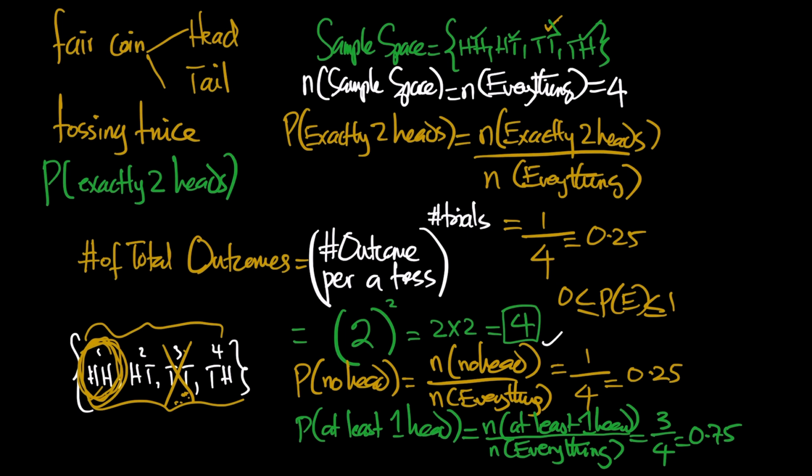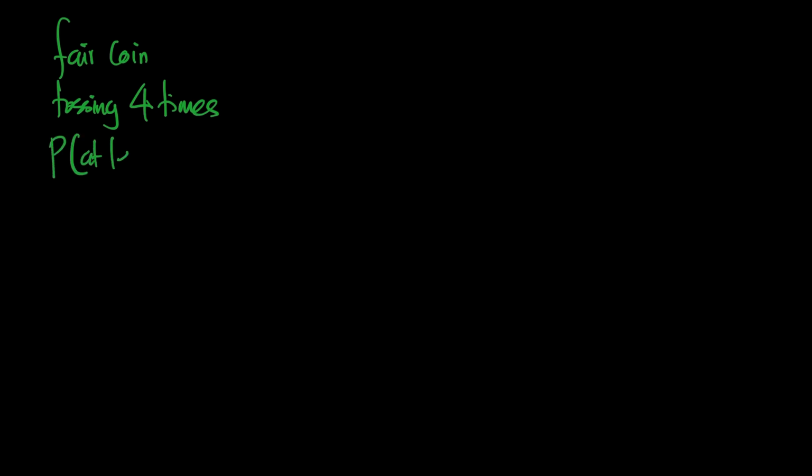Now we're going to be looking at something different, a different problem set. We are still going to be looking at a fair coin, but this time we are tossing it 4 times. We're being asked to find the probability of obtaining at least one head.